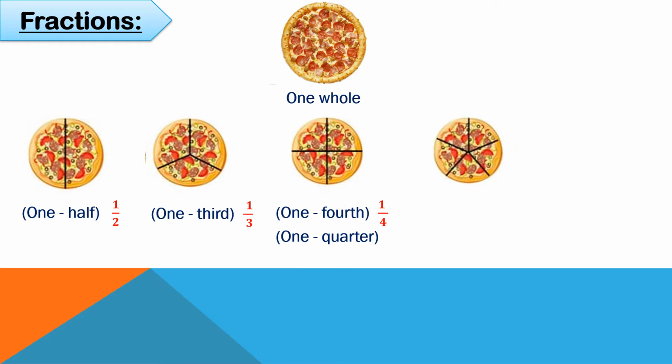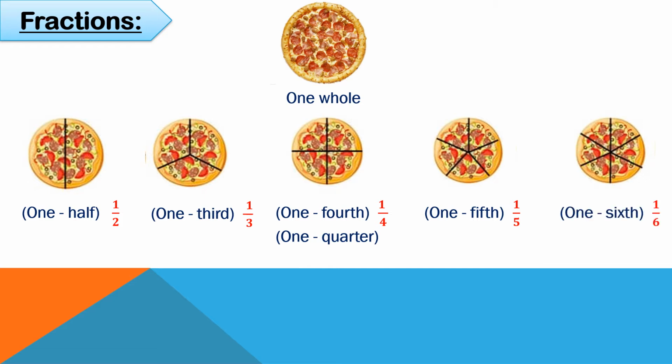If I have 5 kids and I wanted to distribute my whole pizza between 5 kids equally, each one will take 1/5, and it can be written like this, 1/5. If they are 6 kids, each one will take 1/6, and it can be written like this, 1/6.